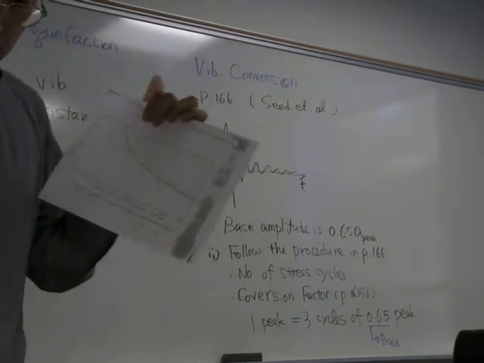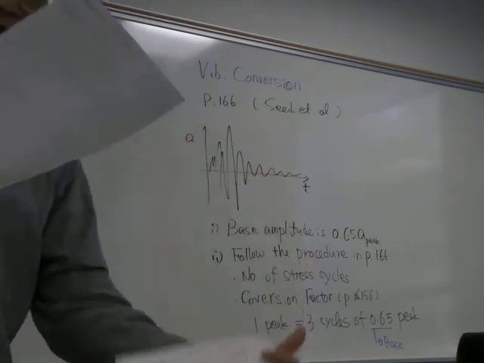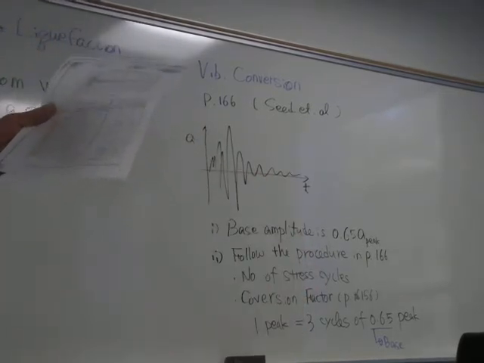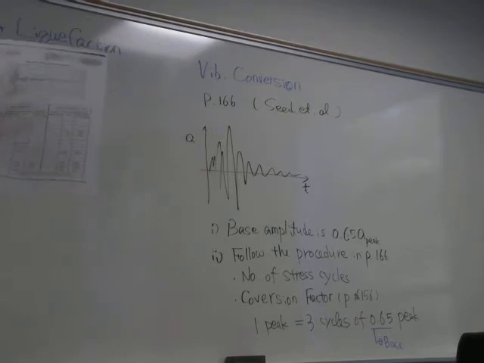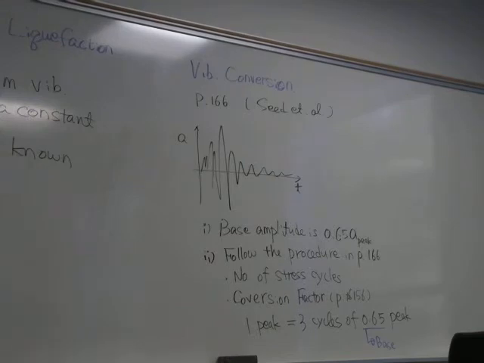Okay, and then let's go to the 166. Now the lowest number of cycles in here is 0.35 in the previous table, 0.35. Then try to find out the equivalent number of cycles.